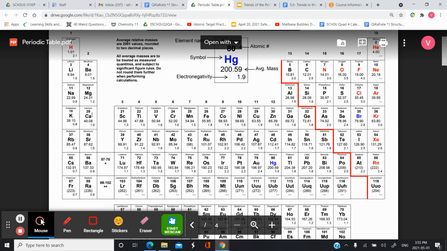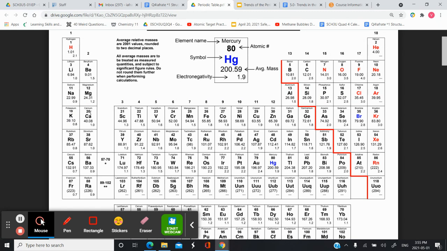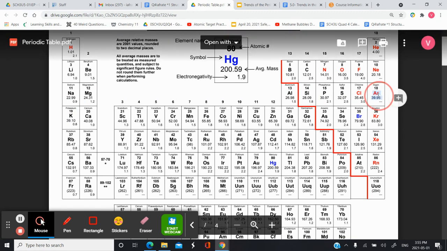It would have one more shell. But we're looking at K+ now. K+ is when K loses an electron. It loses its valence shell. So if it does that, K+ has lost its outer shell. So it has the same number of outer shells as argon in this case.